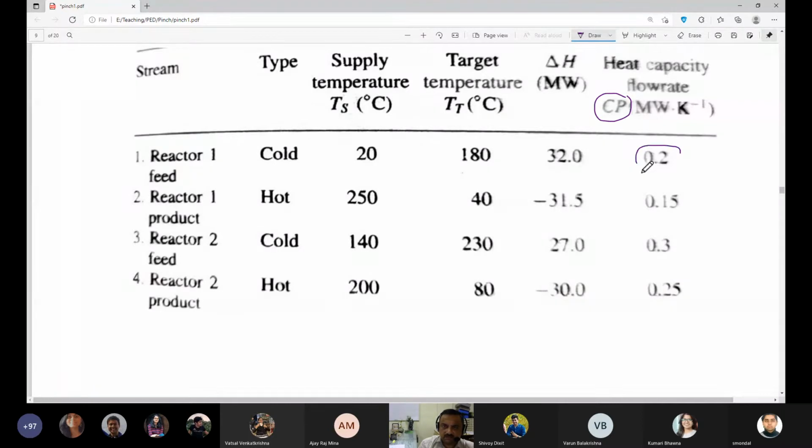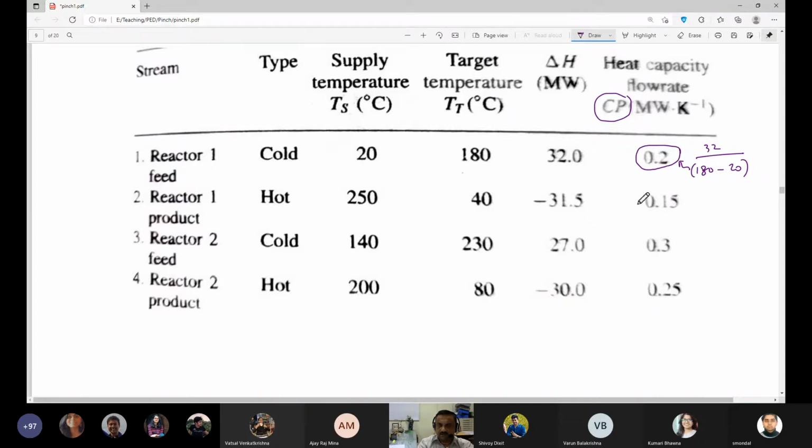We arrive at 0.2 by simply writing 32 divided by 180 minus 20, the difference between two temperatures. Whether that difference is in centigrade or Kelvin does not matter. So all these values are tabulated: 0.2, 0.15, 0.3, and 0.25.